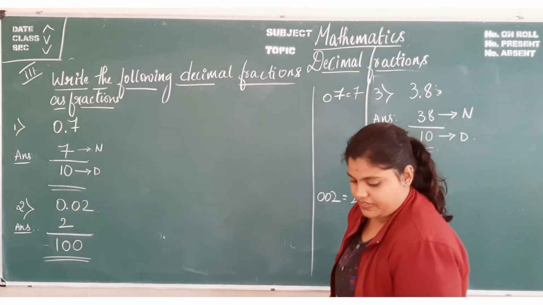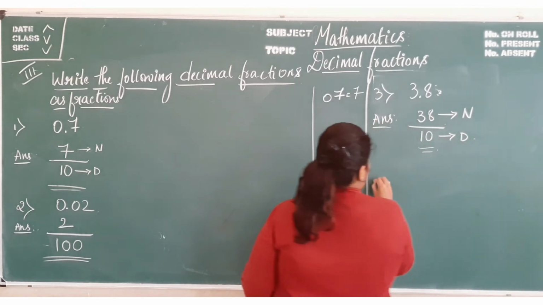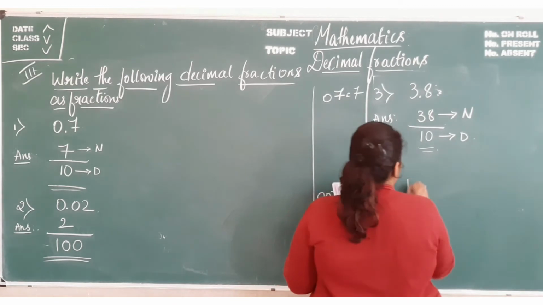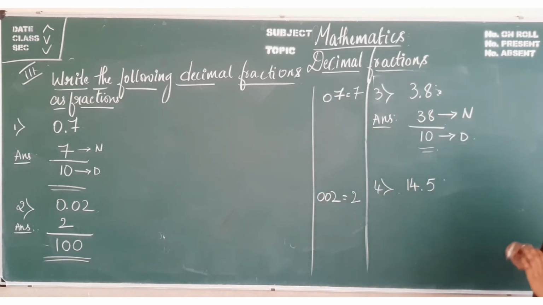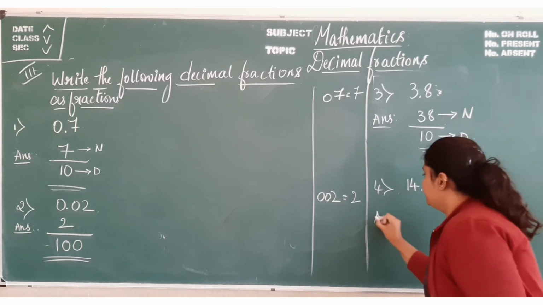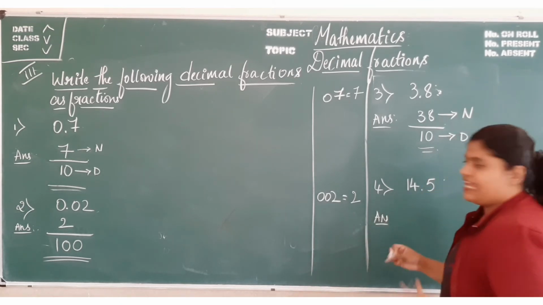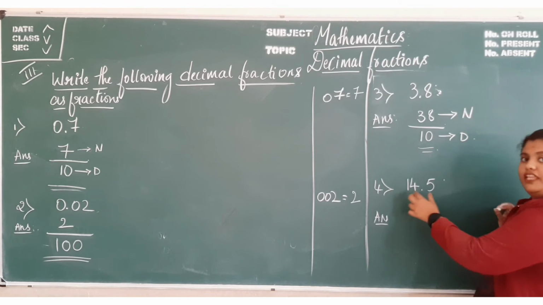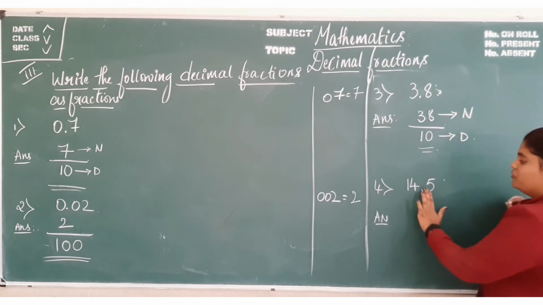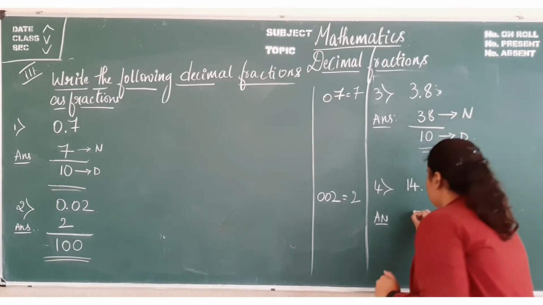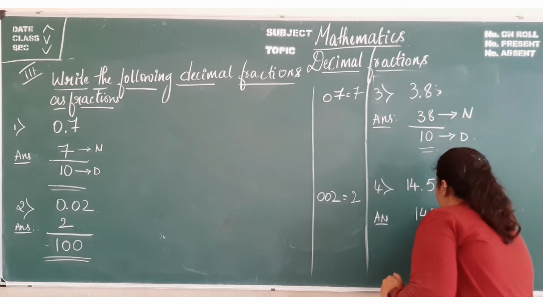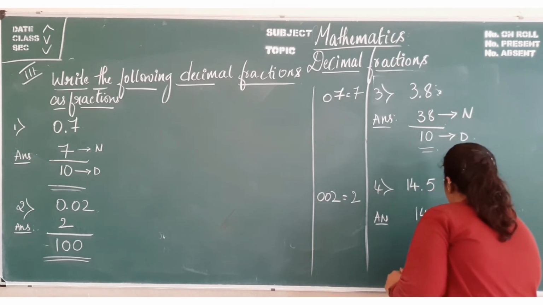Okay. Next question. Fourth sum. 14.5. So what is the numerator here? Yes. We will write the number without decimal point. If I remove this decimal point, it is nothing but 145. So 145 is your numerator.